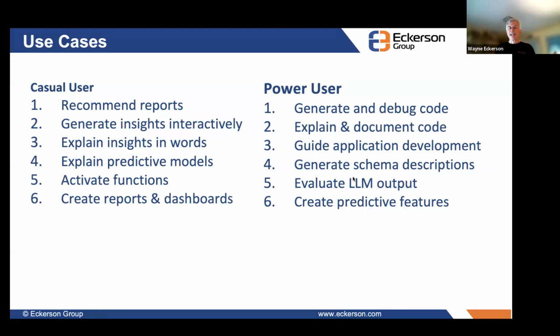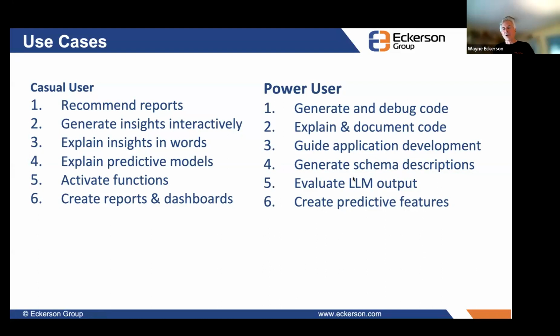It will help guide application development. That's the co-pilot nature of these AI bots. Can generate the schema descriptions. That's the data grunt capability. It will evaluate the output of itself, right? Which is interesting because we know these things have to be checked.